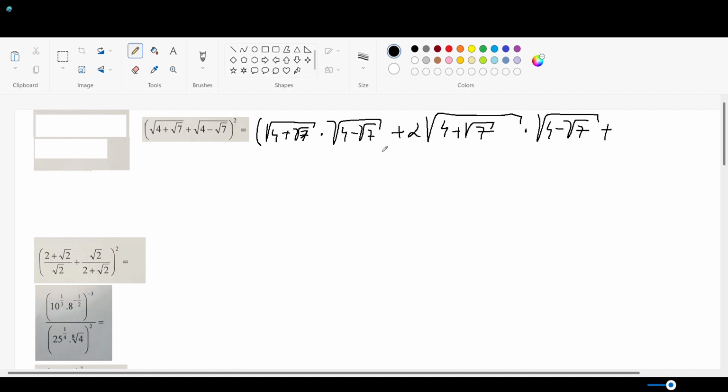Okay, so this is wrong. Why is it wrong? Because I didn't use the formula properly.